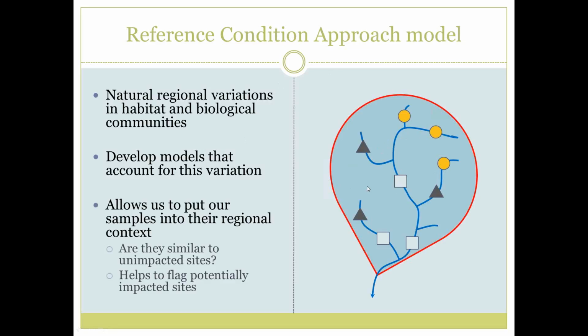It allows you to ask the question, okay, is this site similar to other unimpacted sites within my watershed that are of a similar community type? It also allows you to say, if it's different, okay, well, this then raises a flag. So maybe there's a potential impact that's happening at this site that isn't happening at my other 2 sites, which would have similar community types. So basically you can use it as a flagging tool that you can then go in and do further investigation.